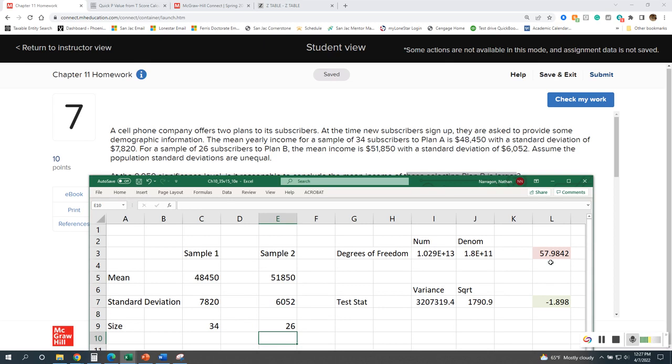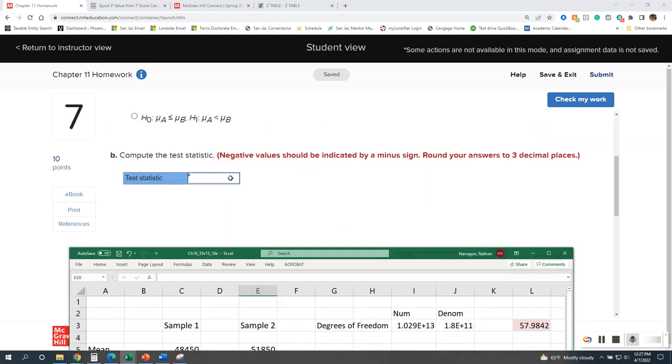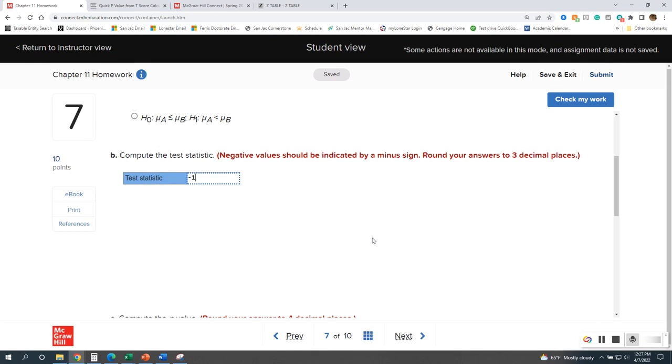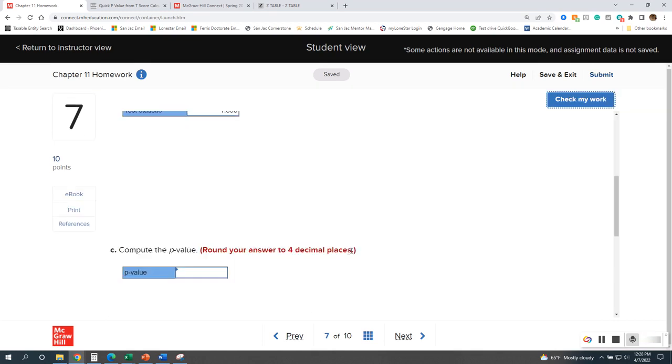So we know already our degrees of freedom is going to be 57, even though it's very close to 58. We always round down. And our test stat is negative 1.898. So, again, it's calculated correctly.